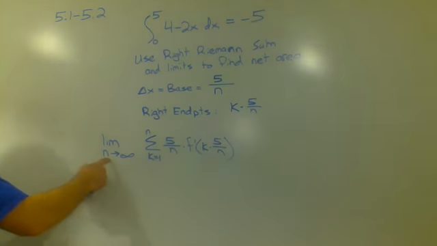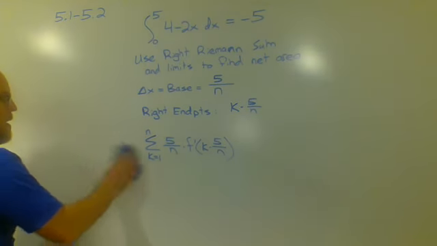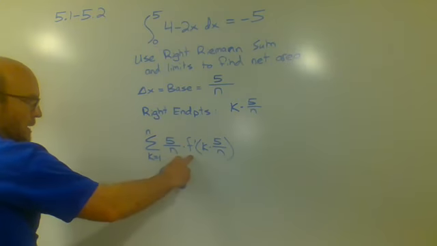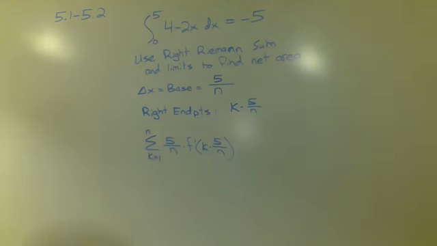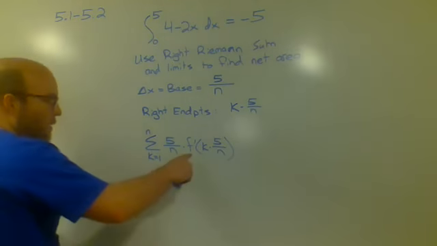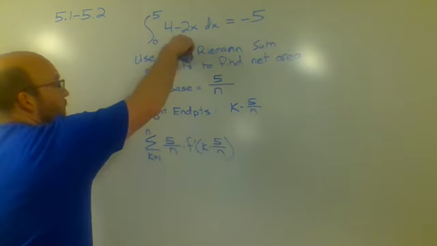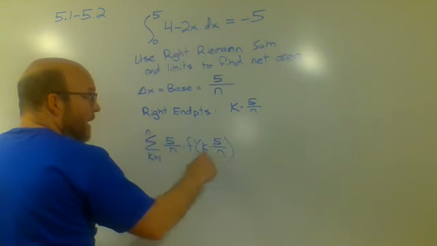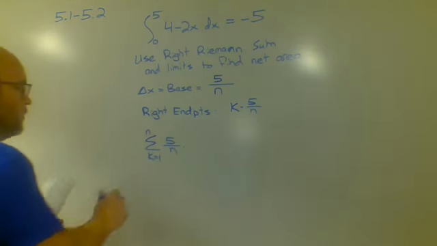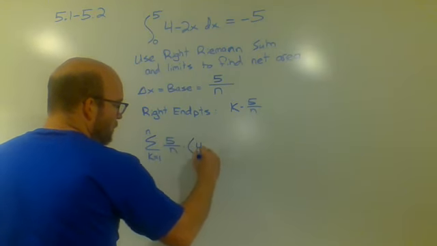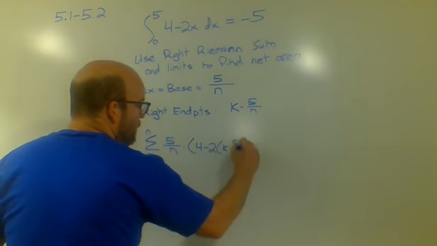I don't want to carry this limit through the rest of the problem. We'll do the limit as the last step, so let's get rid of that. So this is what we need to find an expression for that doesn't have the sigma notation, and then we'll just find the limit. The first step would be to actually plug k times 5 over n into the function. And so we're looking at 4 minus 2 times that k times 5 over n.